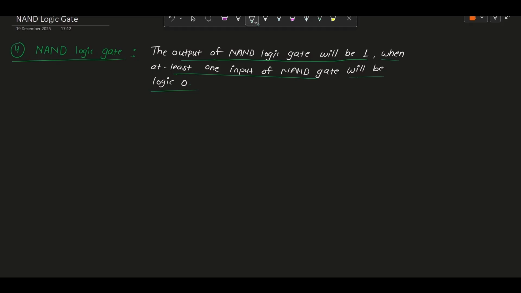Okay, let's see the symbolic representation of the NAND logic gate. I'm drawing a two-input NAND gate symbol. The first input I'm assuming is A and the second input is B, and the output is Y. Now we will write the output expression for the NAND logic gate.